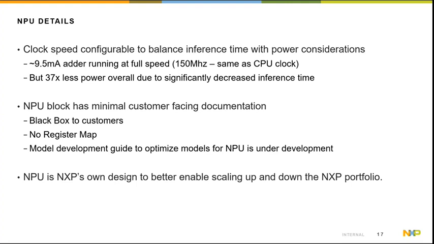There's no register map, and this is a competitive situation where we want to keep this proprietary. As I mentioned before, there is a model development guide to optimize models for the NPU that's under development, so that customers know that if they structure their model a certain way, they can take more advantage of the NPU features.